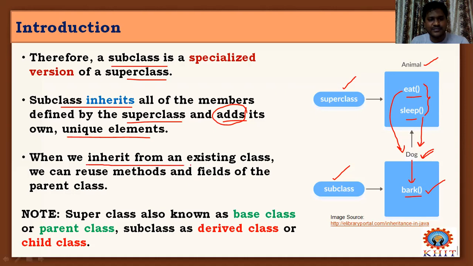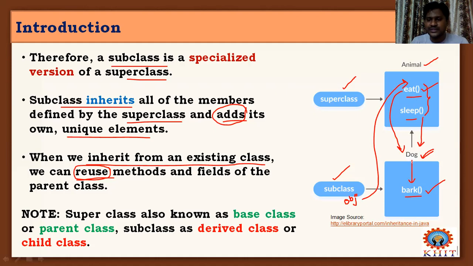When we inherit from an existing class, we can reuse methods. Here the reusability concept comes in. Take this example again: eat is an operation in the animal class, and the dog class can adopt this method directly. It can access it through the object of this subclass. The object of the subclass can access the method called eat.